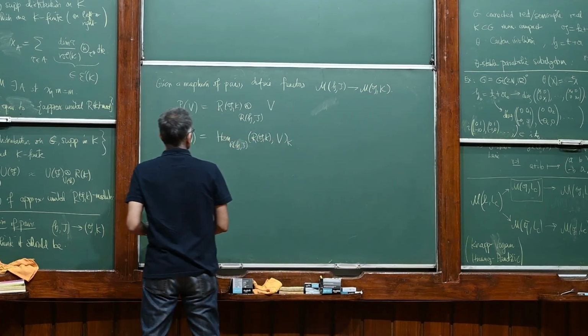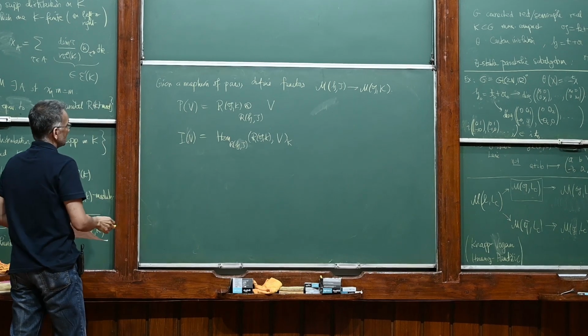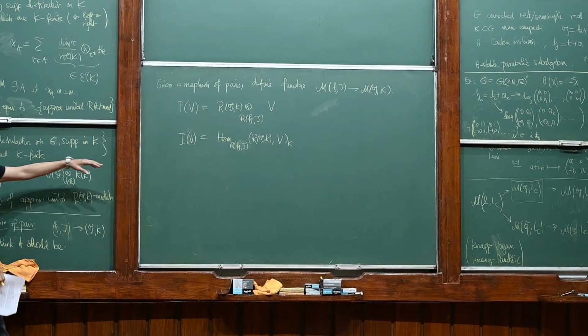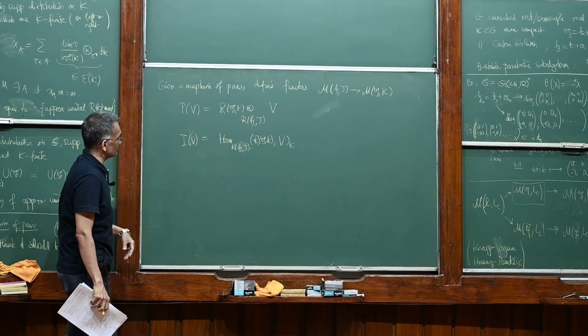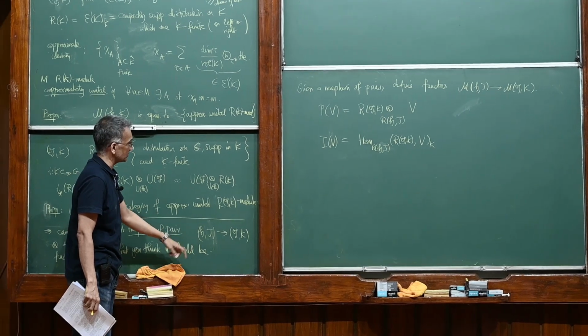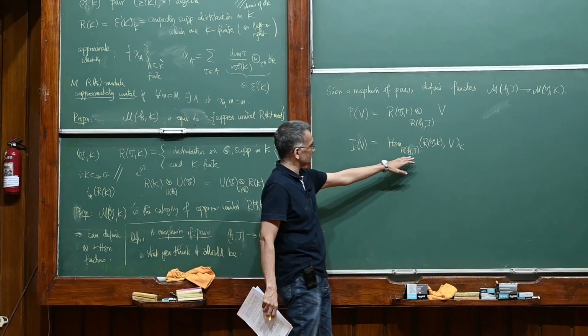Okay, so the first functor is just now, what does this mean? So it's obvious how to consider RGK as an RHJ module. Just use the morphism of pairs, and the same is true here. Okay.